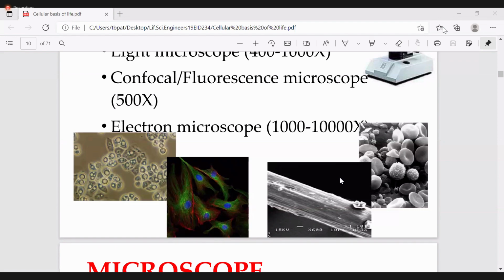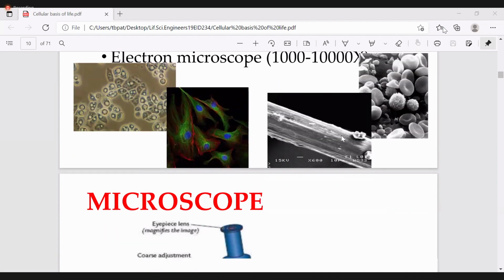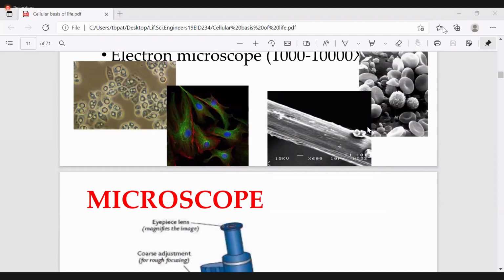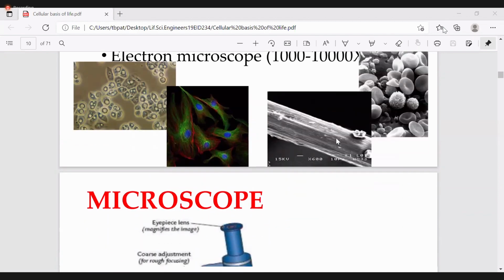Even small, hair-like structures and tiny tissues, at micron and nanometer size, we can identify through this, because the electron microscope can magnify up to 10,000 times.